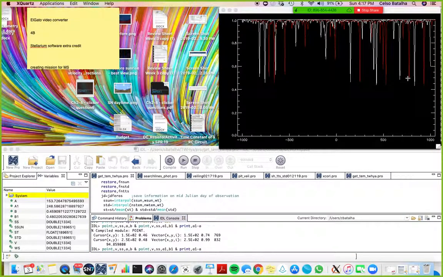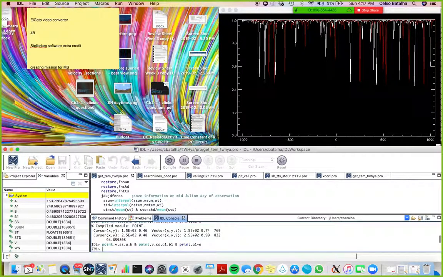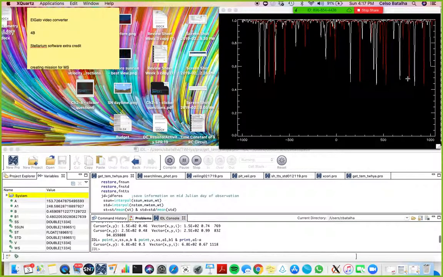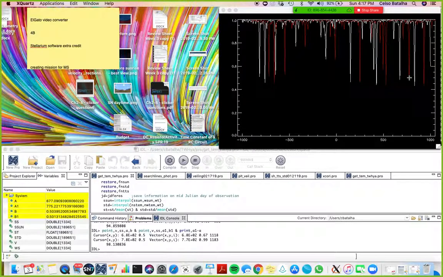Again, this is not precise because I'm not expanding. That's 98. So you have the same wave, the same scale, right?